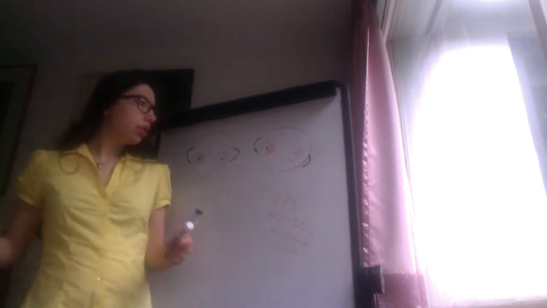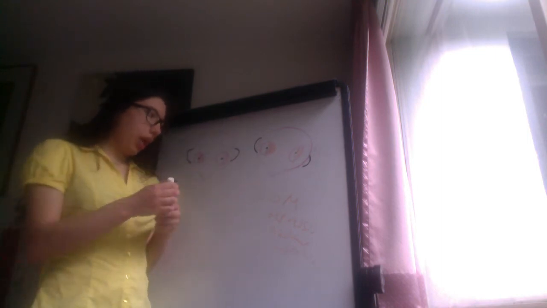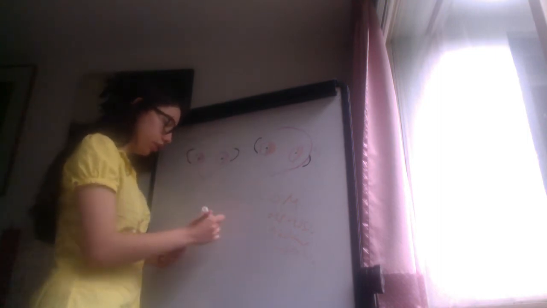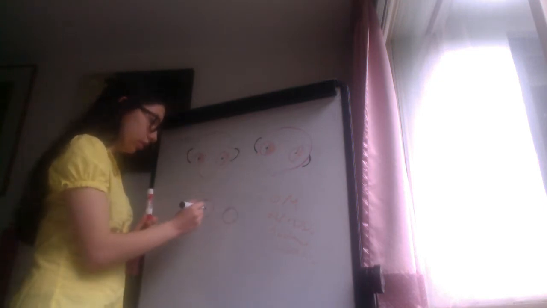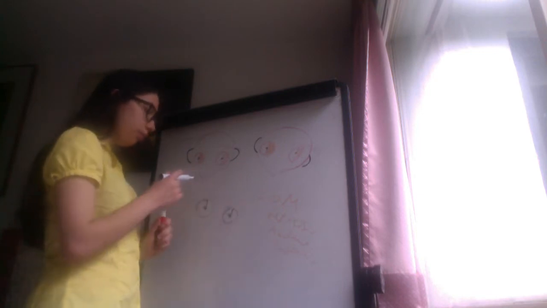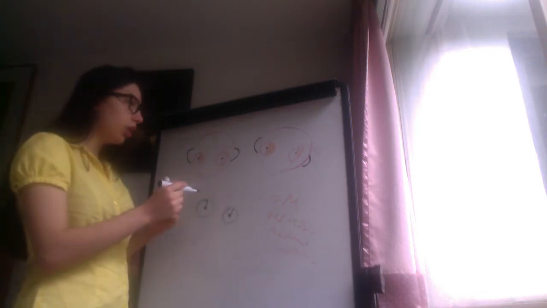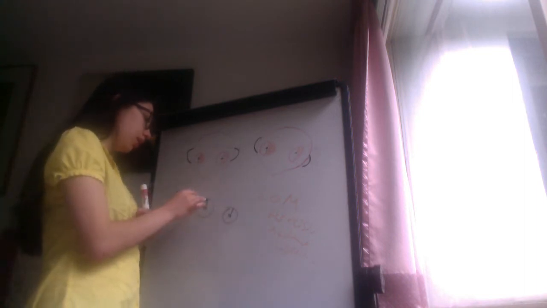Now, if we are turning the head to the left, then both eyes are going to do this movement. From the 12 o'clock position, they are going to move toward the right. So, like this.